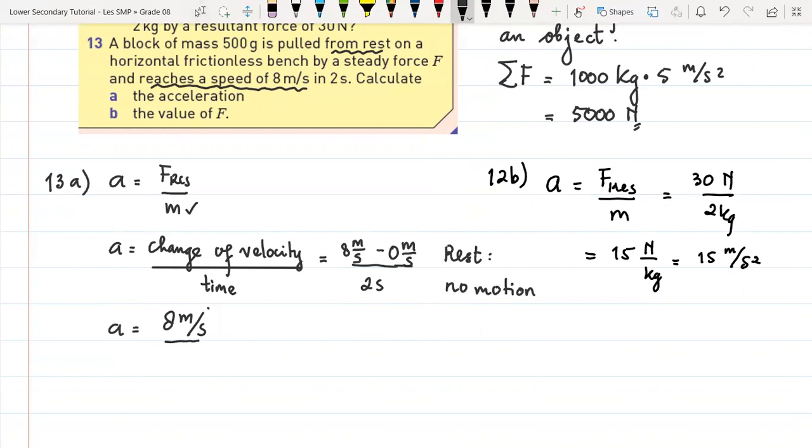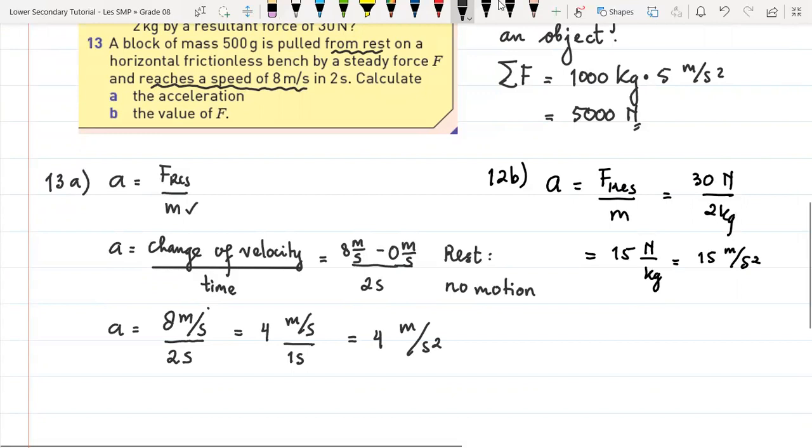This takes place for 2 seconds. Meaning, if you divide it, it is 4 meters per second in every second. The velocity changes every second by about 4 meters per second. Is it clear, brother? Yes. You can also write the unit as meters per second squared. Got it? Now, having obtained that, we are ready to calculate the value of force.